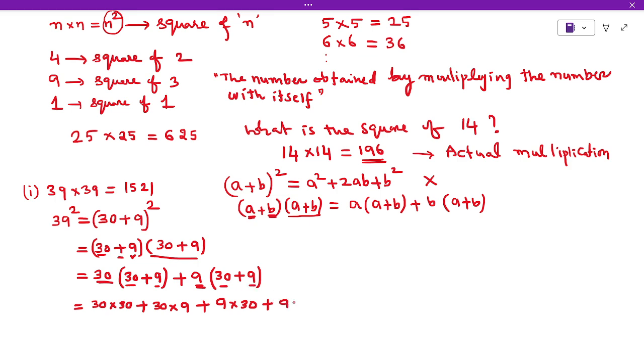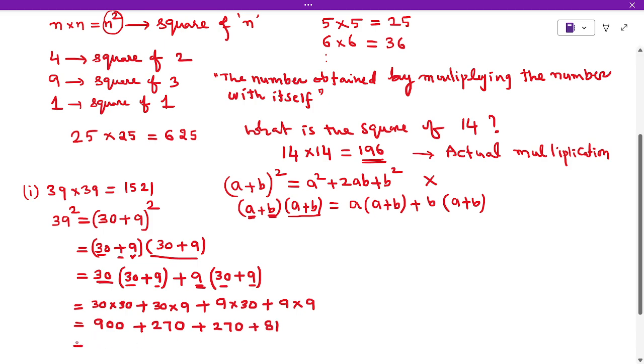Now if you simplify further, 30 into 30 is 900. 30 into 9 is 270, plus 9 into 9, 81.